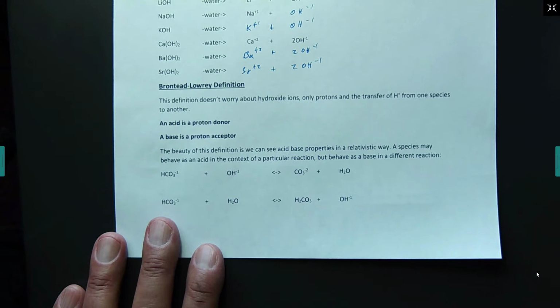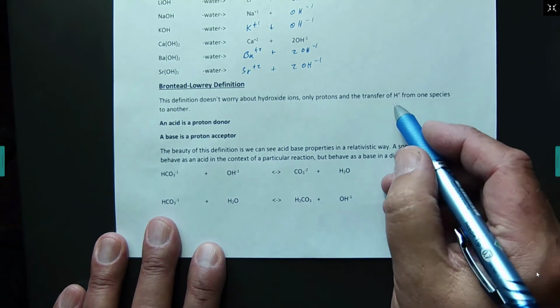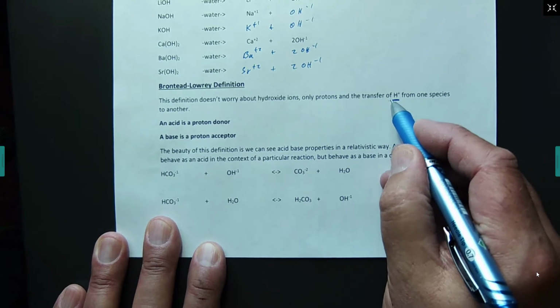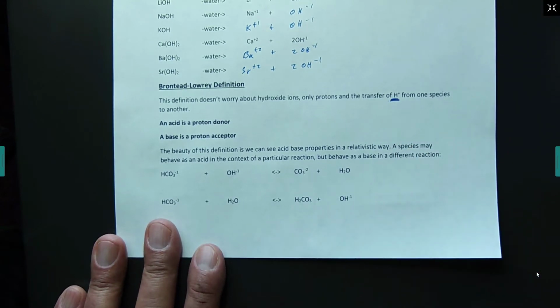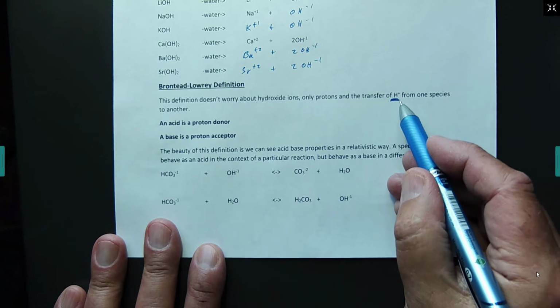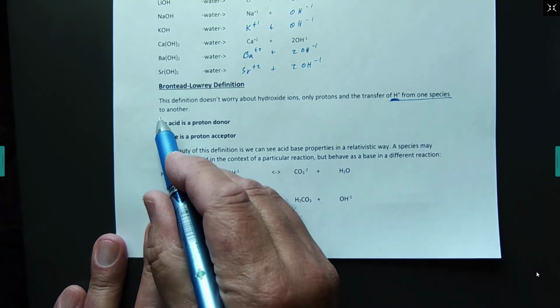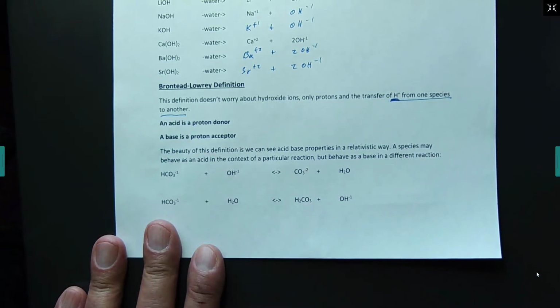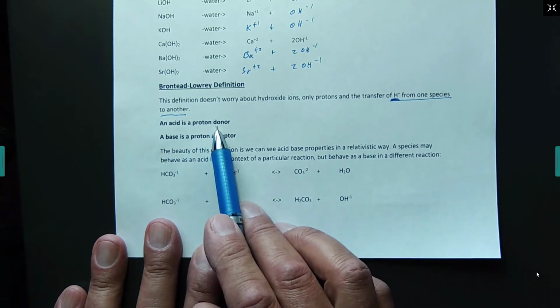And in every acid-base reaction, there's a transfer of one lousy little proton from one species to another. If you move H plus from one species to another, you've done an acid-base reaction. The acid is the proton donor.